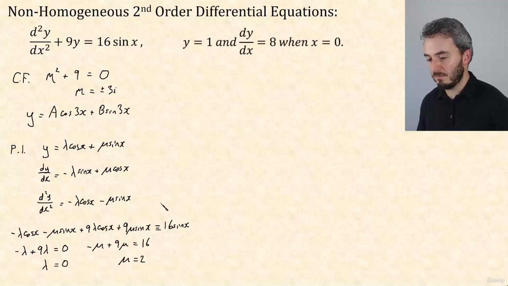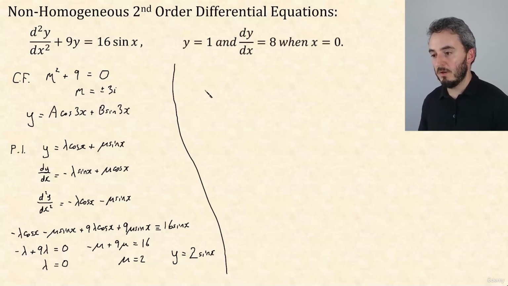So that means my particular integral is y equals 2 sine x. So I stick these two together and I have a general solution of y equals the complementary function, a cos 3x plus b sine 3x, plus the particular integral, which is 2 sine x.